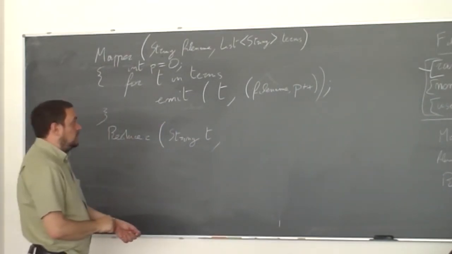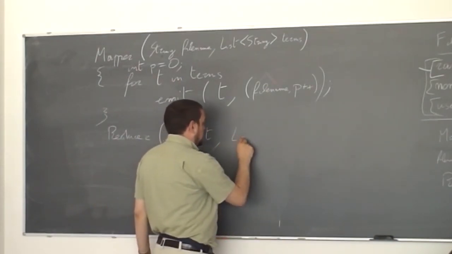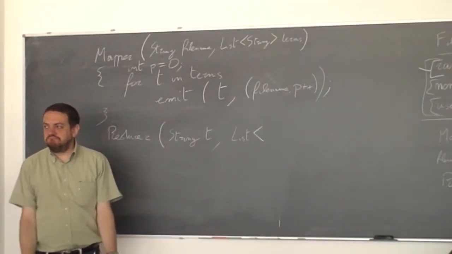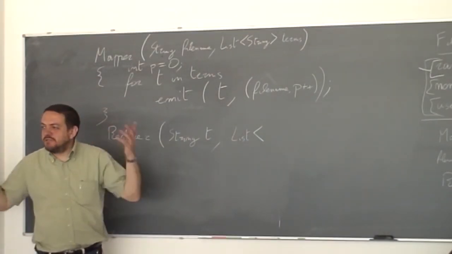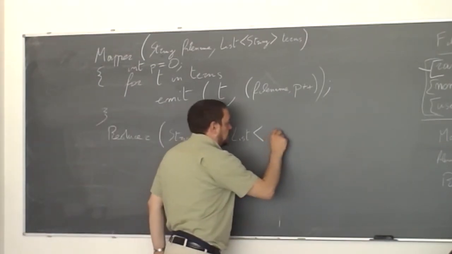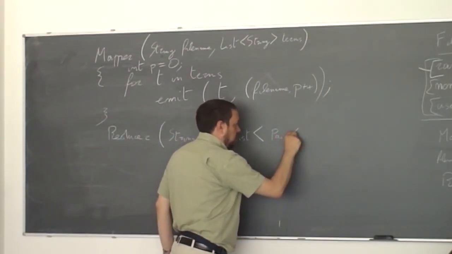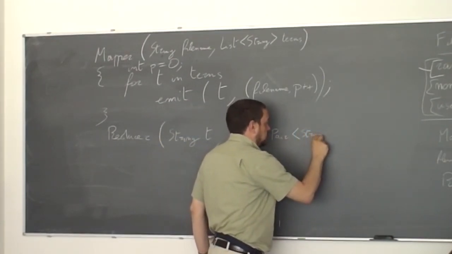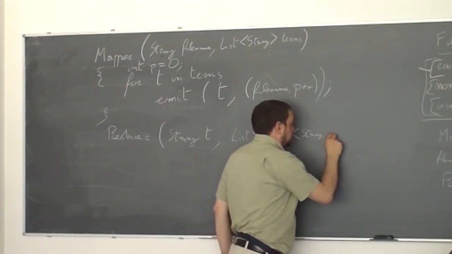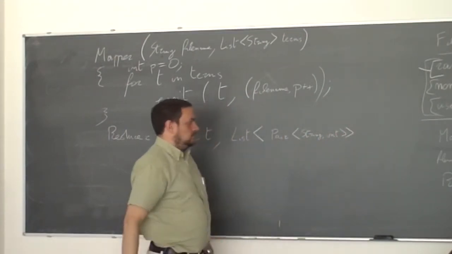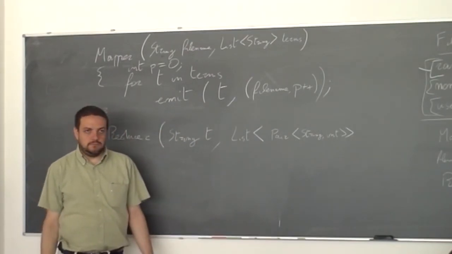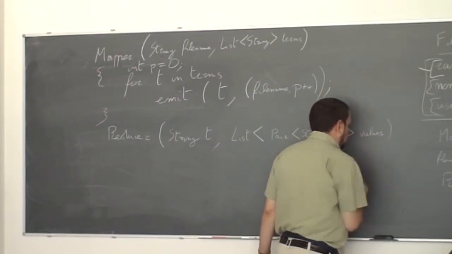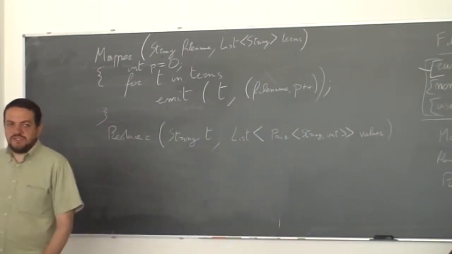The list of values is actually a list of, here we need to improvise some syntax, a list of pairs where a pair is given by a string and an integer. And this is the list of values that we receive.